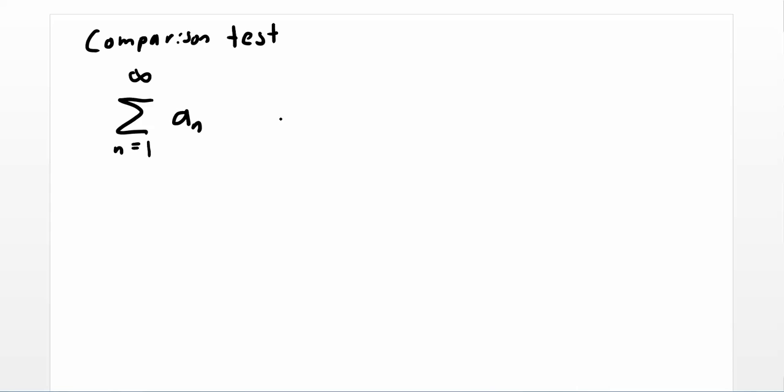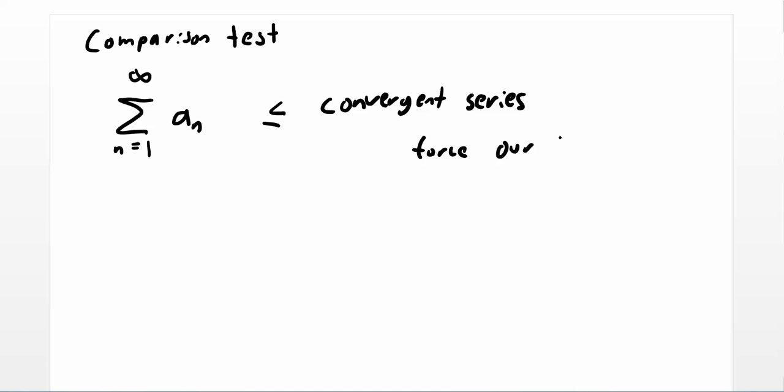We're going to compare it to another series, and we're going to make sure that it's either smaller than a convergent series, this will force our series to converge, or we're going to force our series to be greater than or equal to a divergent series.